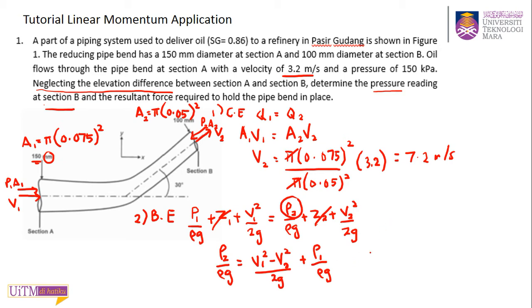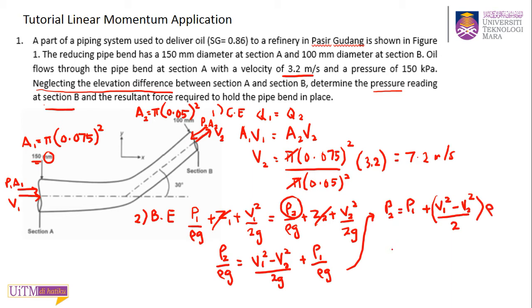I write here: to get P2, P2 equals P1, rho G cancels out, plus V1 squared minus V2 squared over 2, and this is times rho.